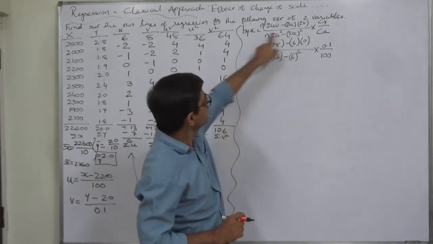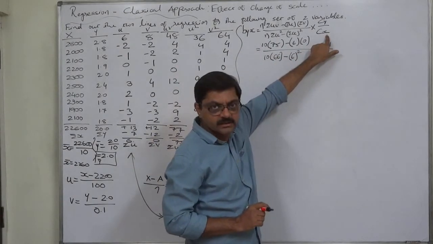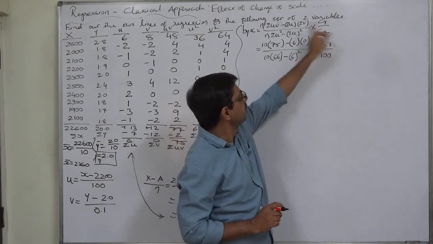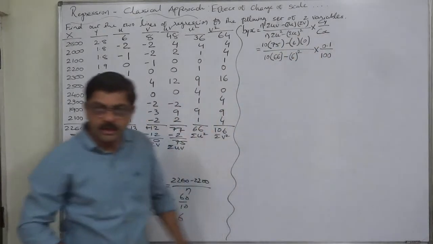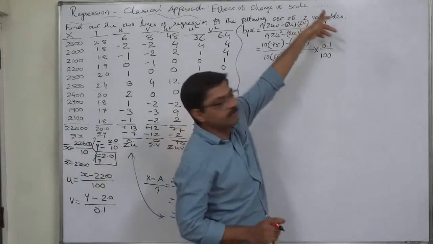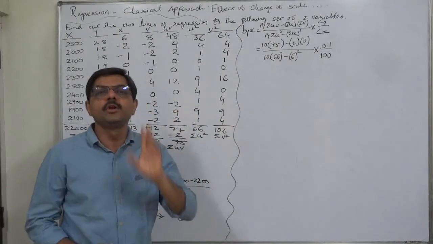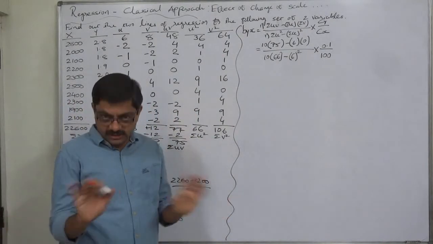See, u represents x and the factor of change of scale in case of x is to be multiplied in the denominator. If you multiply for the purpose of change of scale, this will be reversed. And that is troublesome, that creates the possibility of errors. All these are suggestions.